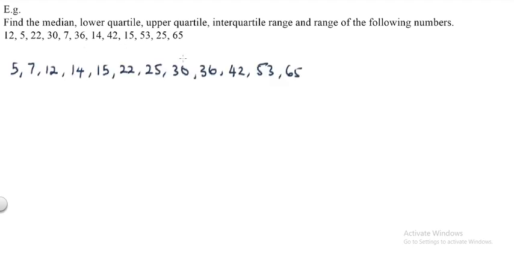Say we are asked to find the median, the lower quartile, the upper quartile, the interquartile range, and the range of the following numbers. We already have the numbers on the screen. The first thing we can do is arrange the numbers in increasing order. The next thing we do is count the numbers here and count the numbers here. They have to be the same, otherwise we've made a mistake.